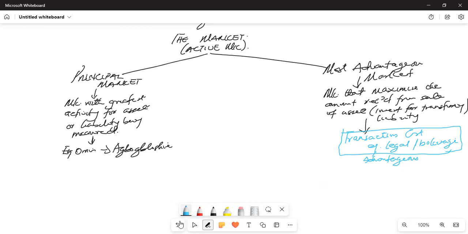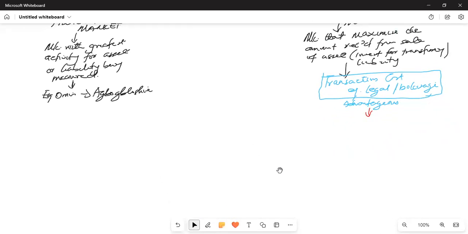But when we are using fair value, we need to adjust for those things, because transaction cost is a function of the market, not the asset. We are pricing the asset, so we can't add transaction cost to it.